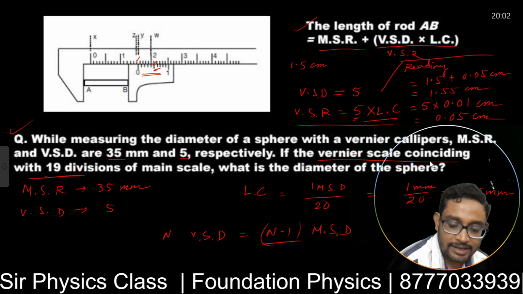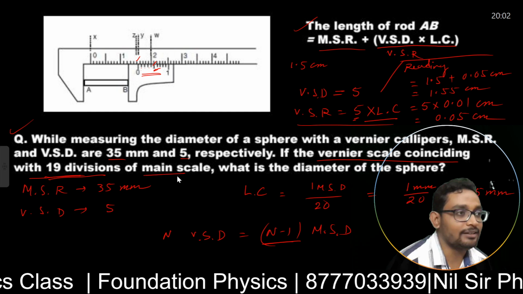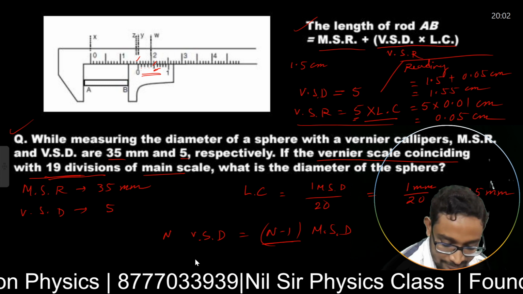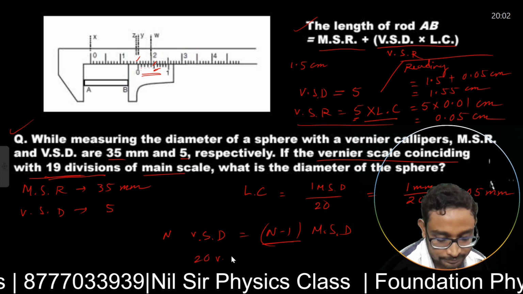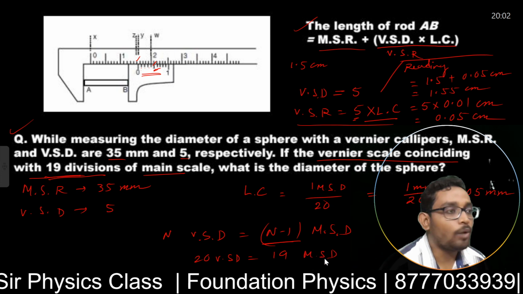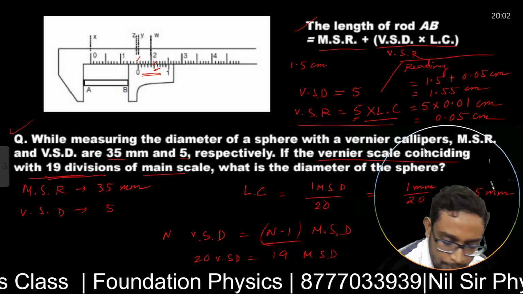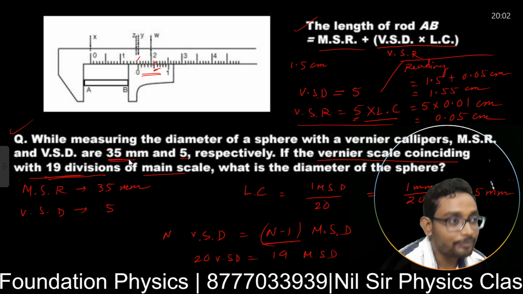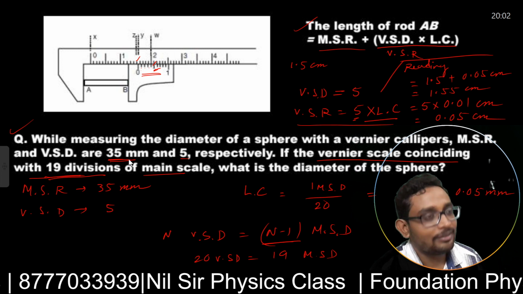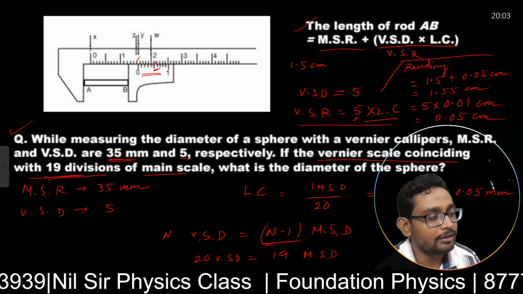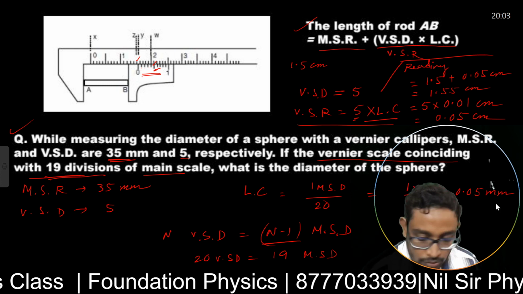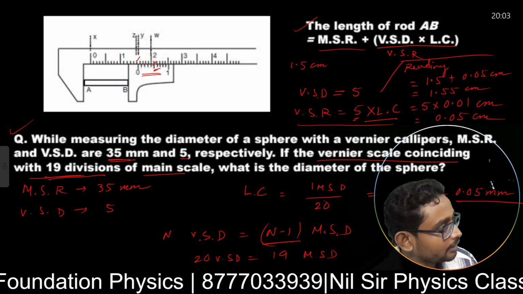If the vernier scale coincides with 19 divisions of the main scale, right? 19 divisions of main scale. What is the vernier division? One main scale division gives you 1 millimeter, because it is in millimeter. One division gives you 1 millimeter divided by 20, so this gives you 0.05 millimeter.